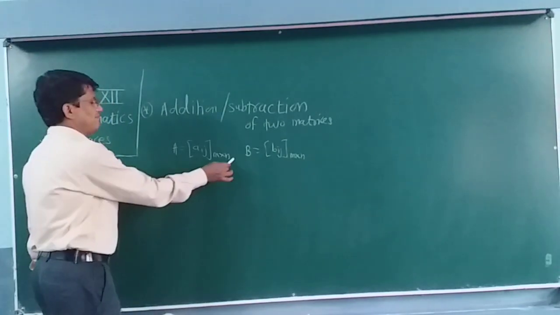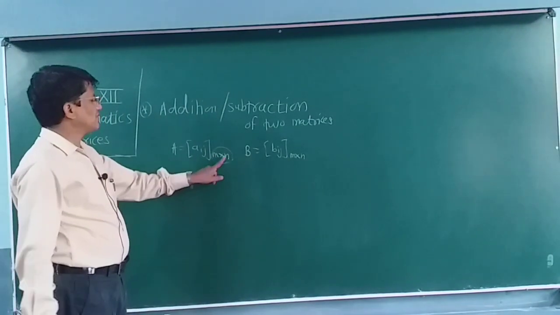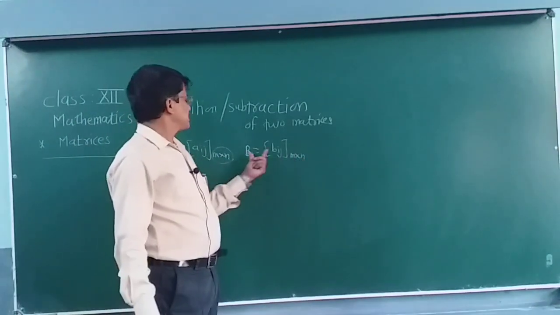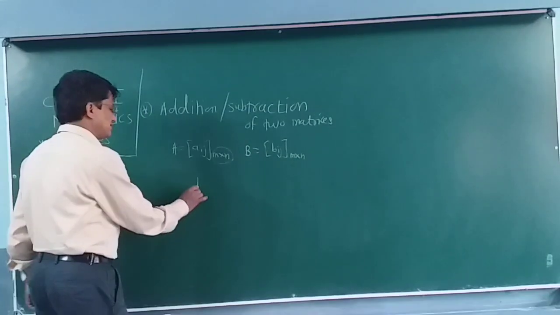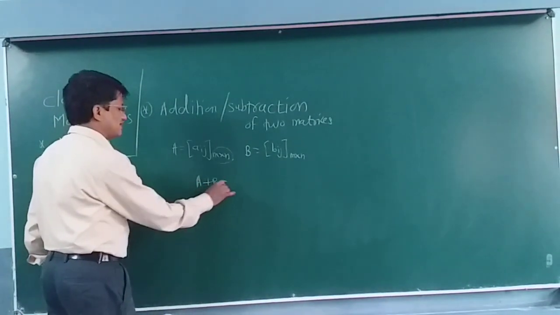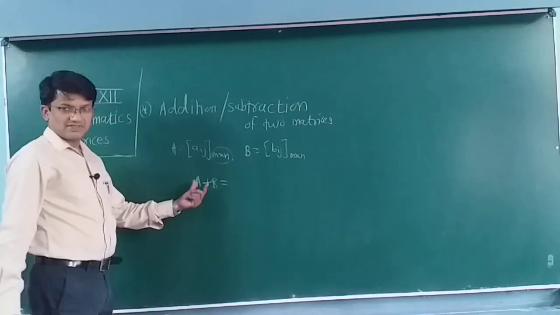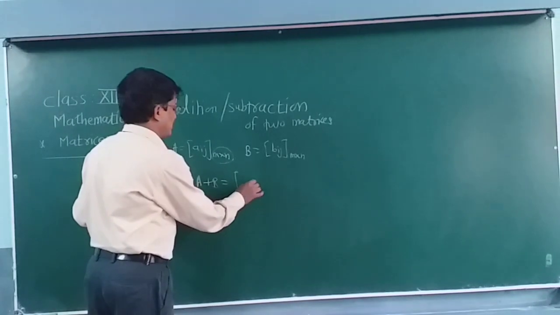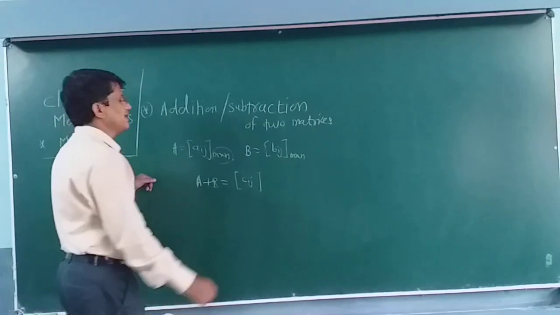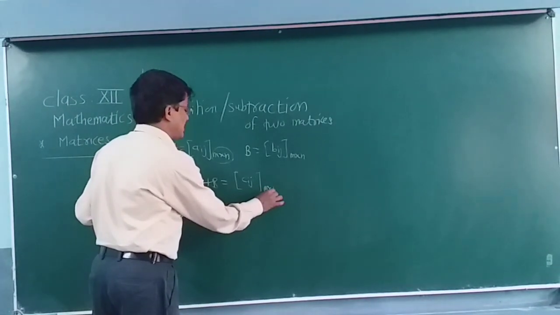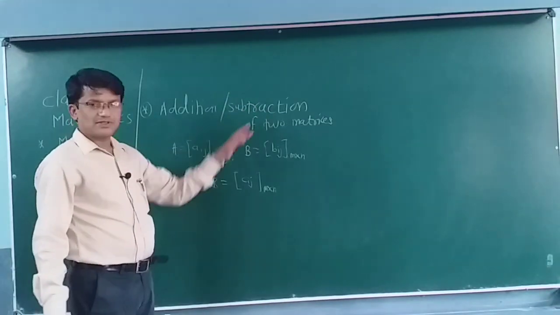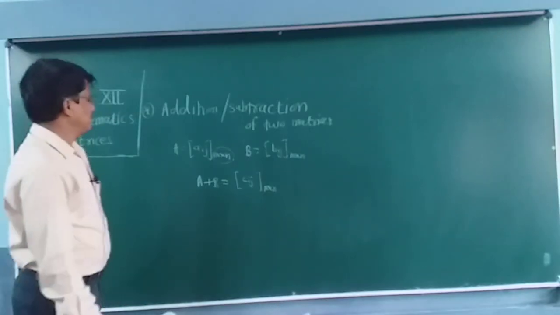Look here, m by n means m rows and n columns. Then their addition, A plus B, is equal to another matrix, suppose Cij, having order m by n. This is the definition of addition of two matrices.